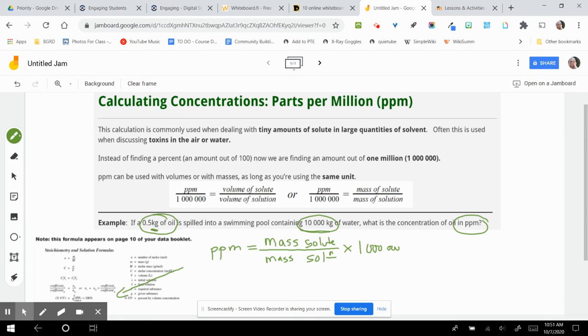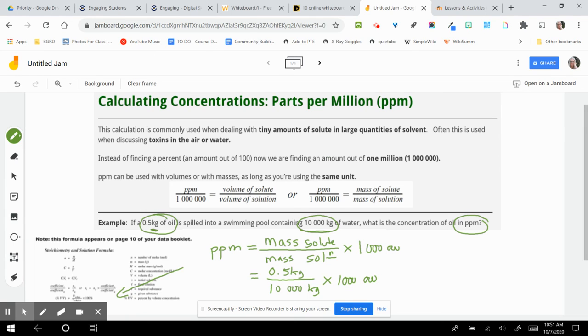Okay. All right, so let's put some numbers in here. So the mass of our solute is the 0.5 kilograms of oil. And our mass of our solution is 10,000 kilograms. Let's multiply that by 1,000,000.